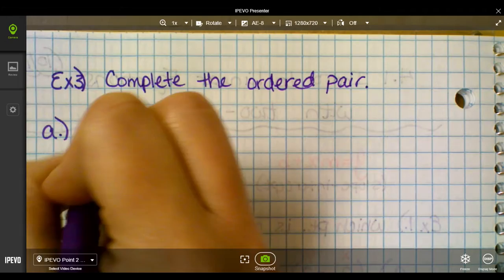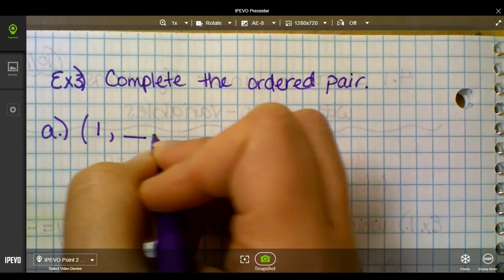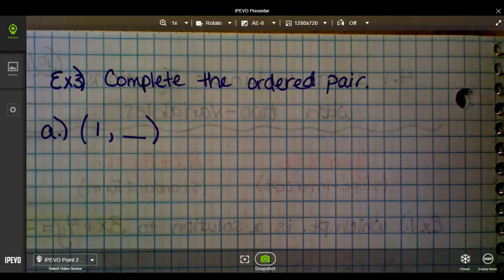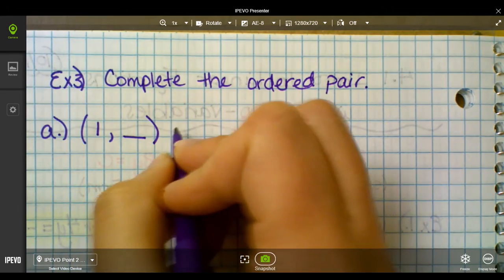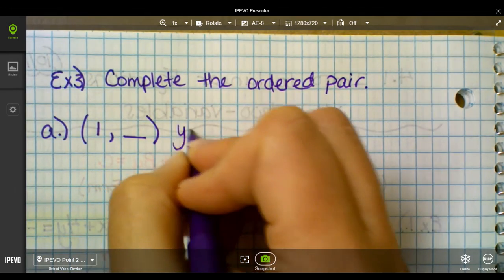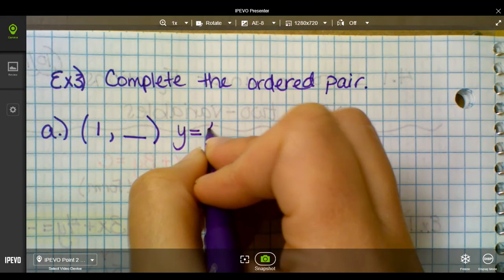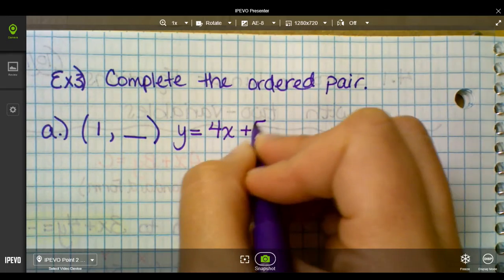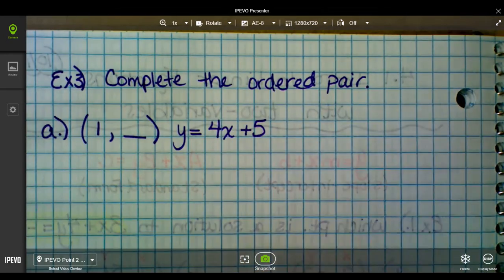So I'm either going to give you x or y, and I'm going to ask you to find the other one. So this one, I am giving you 1, and then whatever. And then I am asking you to fill it in or try to figure it out using the equation y equals 4x plus 5.